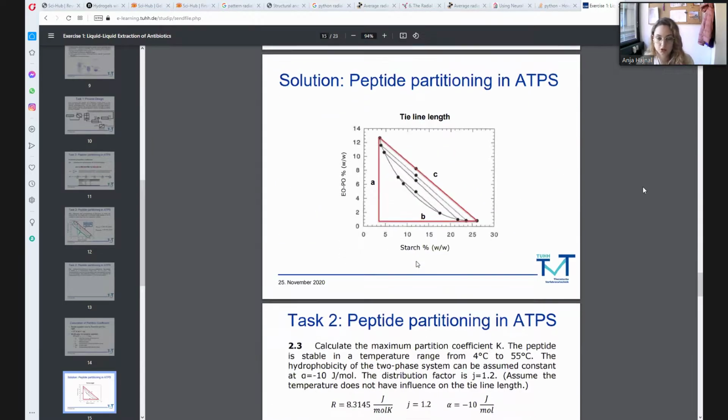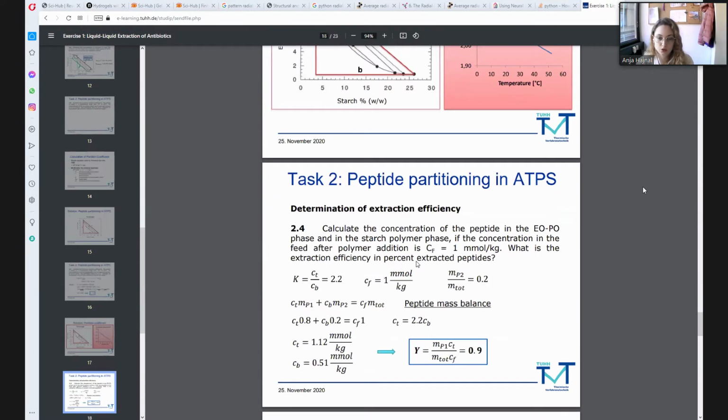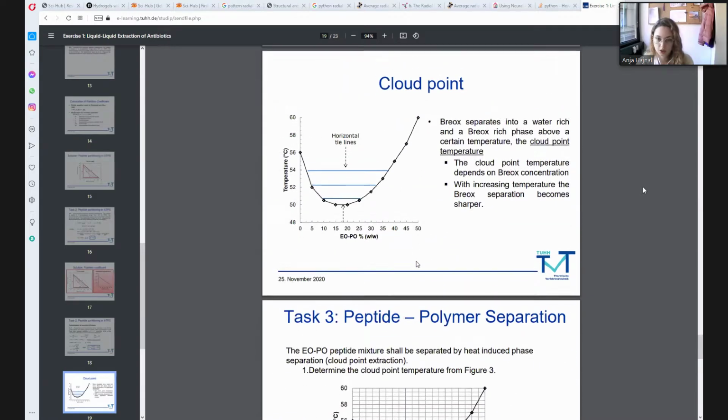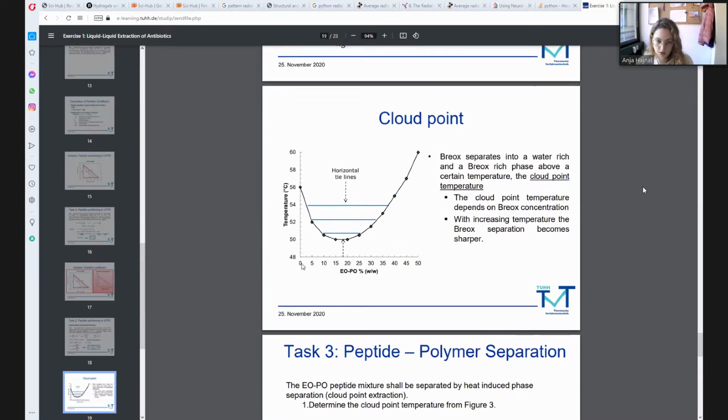So we are done with extracting our target molecule. Now we want to recover our polymer phase that we use for the extraction. And we know how the system behaves from such a diagram. This is called the lower critical solution temperature diagram, and it is telling us at which temperature we are going to have a phase separation.